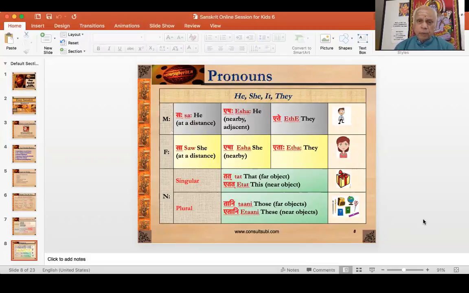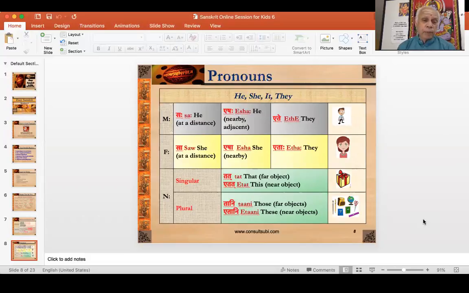Eshaha, supposing there is a person nearby you, a male gender, a boy, you say eshaha, who is nearby or adjacent. When it comes to plural, ete, they, ete. You see, they and ete, they kind of rhyme each other. So, ete, they. So, when it is a female gender, you say sa. When it is at a distance, it means she.